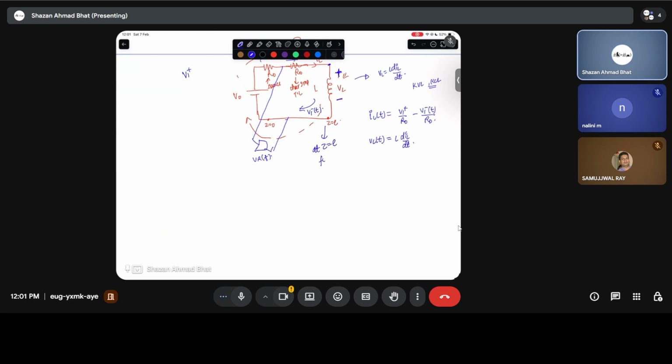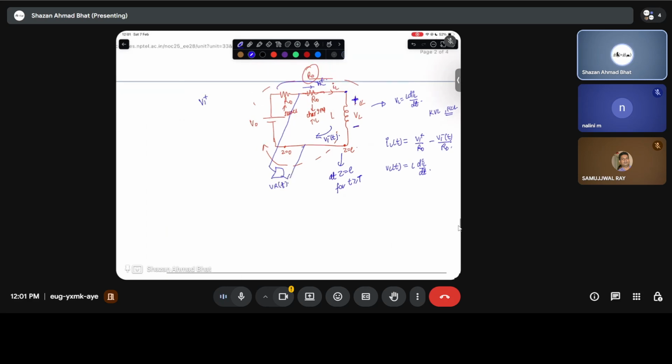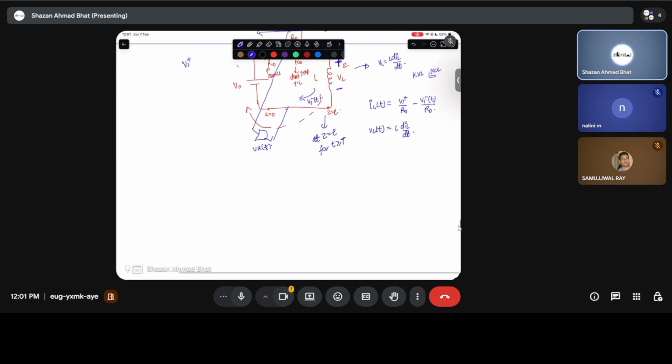and we are considering time t greater than or equal to the time associated with the traveling of the wave. Let's say the wave takes time period t to reach the load end. So for time greater than t, we are going to see a voltage across the inductor that will be V1 plus plus V1 minus of t.